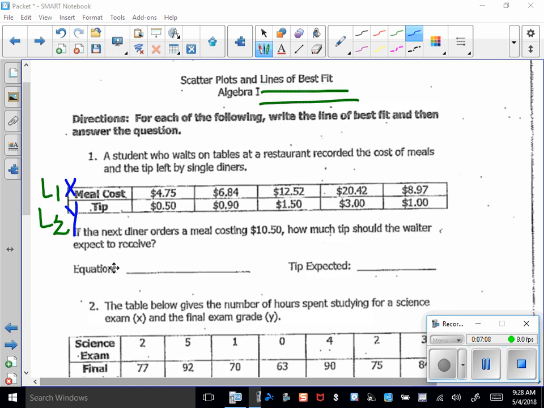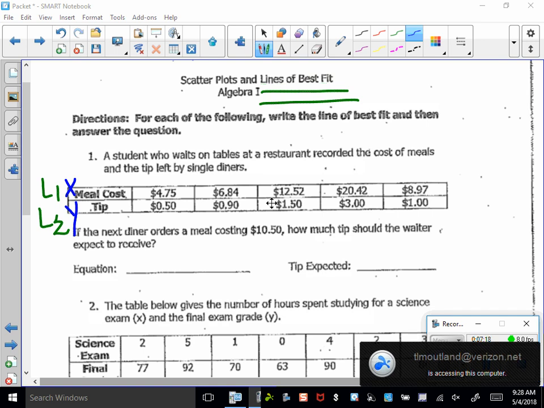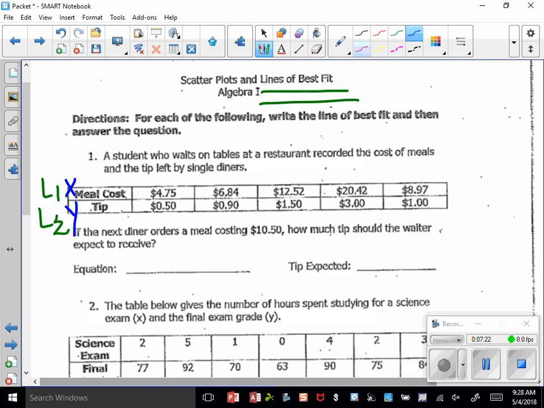So I want the slope 2 places out, and I want the y-intercept 2 places out. And then I'll ask someone what they have as an answer. Okay, who has an answer for me? All right, so what you should have is y equals 0.16x, and we got that right from the calculator, minus 0.3.